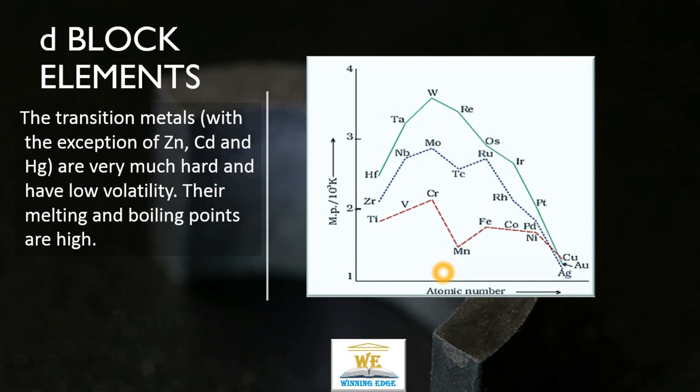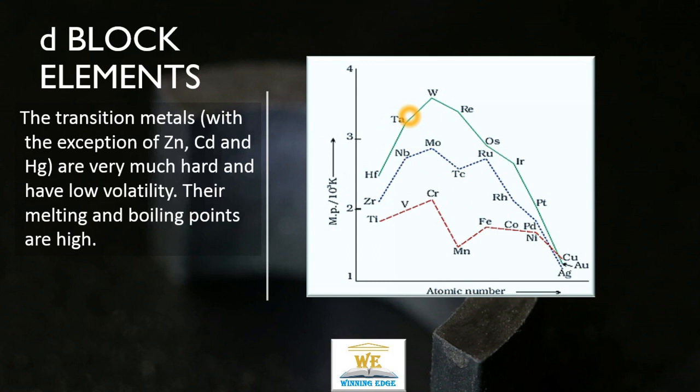So what we see here is melting points. The first observation is that as we keep on increasing the atomic numbers from the 3d series, 4d series, 5d series, melting points in general will increase from one d block element to the next.